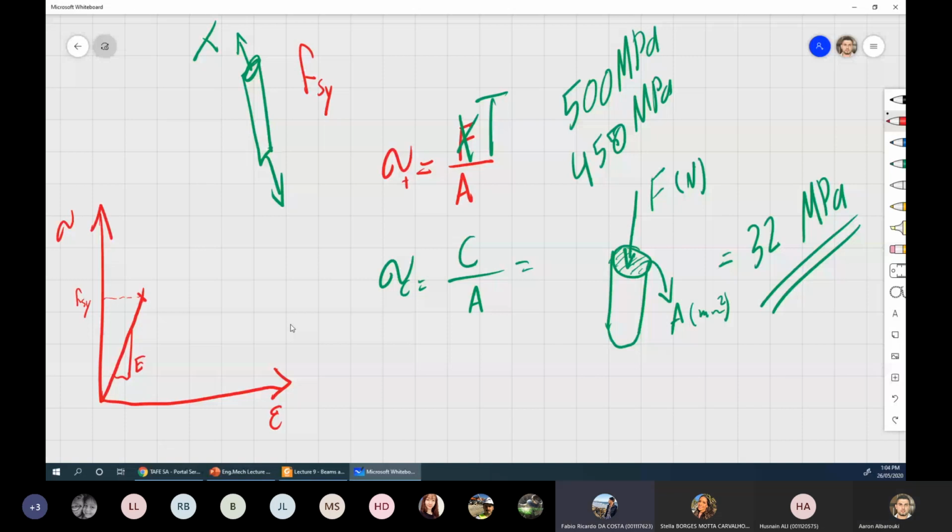After that point, if you apply compression or tension to the material, it won't come back to its initial form or shape. Perfect. That's correct, 100%. Thanks for that, Fabio. Simply, guys, when we say the material has yielded, that means the material gave up. You won. It's a battle between you and the material.